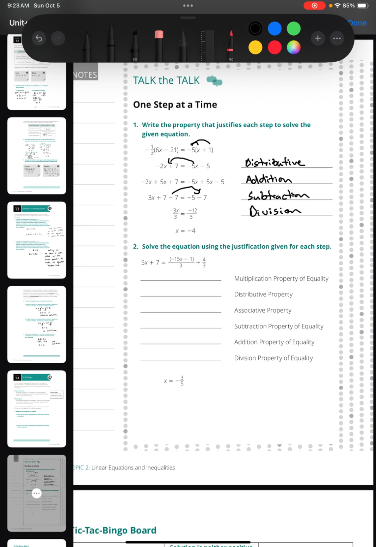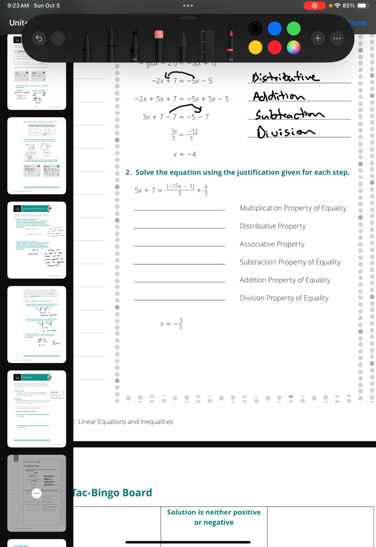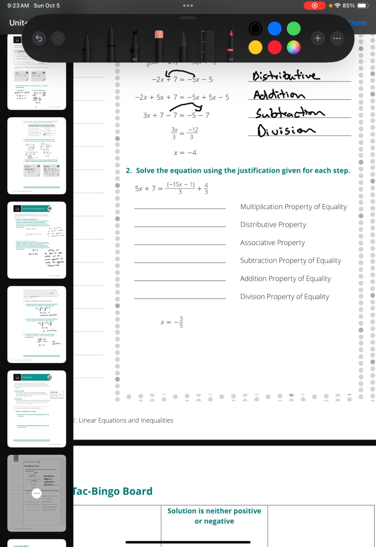Okay, number 2. They're giving us the properties, and we're going to use those properties to solve the equation. Okay, so the first step says the multiplication property of equality. So it looks like what they chose to do is multiply the equation by 3 to start with. If they're going to use the multiplication property, that would cancel out that divide by 3 on the right side.